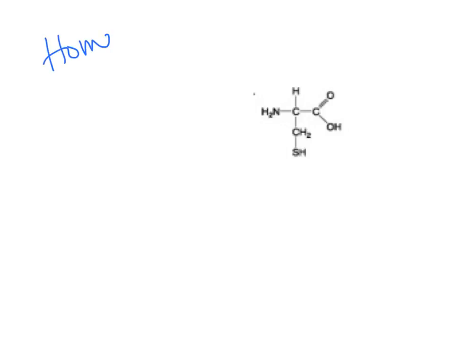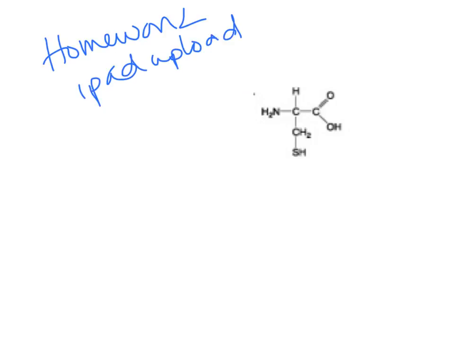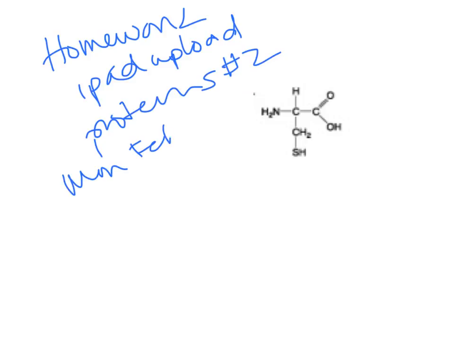We're going to say homework, right? iPad upload. It's going to be called proteins. Number 2. Again, Monday, Feb 2. Work through this one, then go look it up and see if you're right. See if you can figure it out first, then look back and make sure you're correct, right? And go back to your rules and think about your chemistry. Okay, think about your chemistry with these rules.